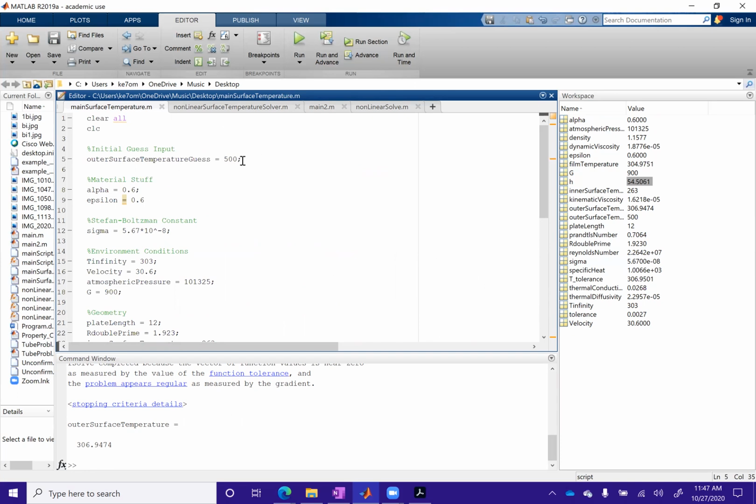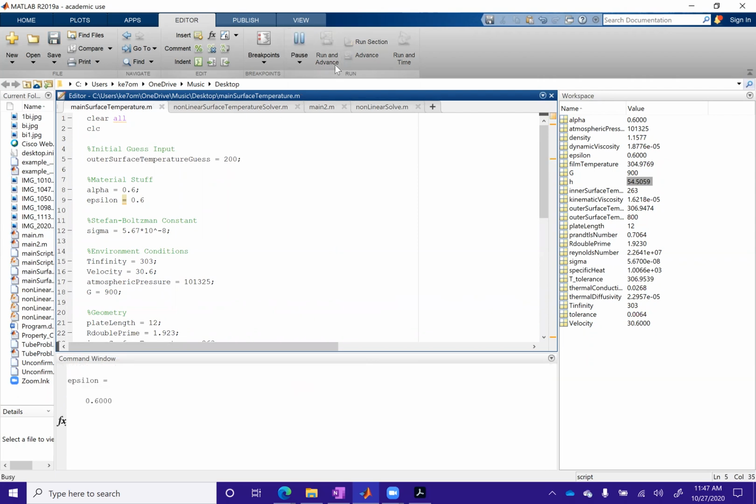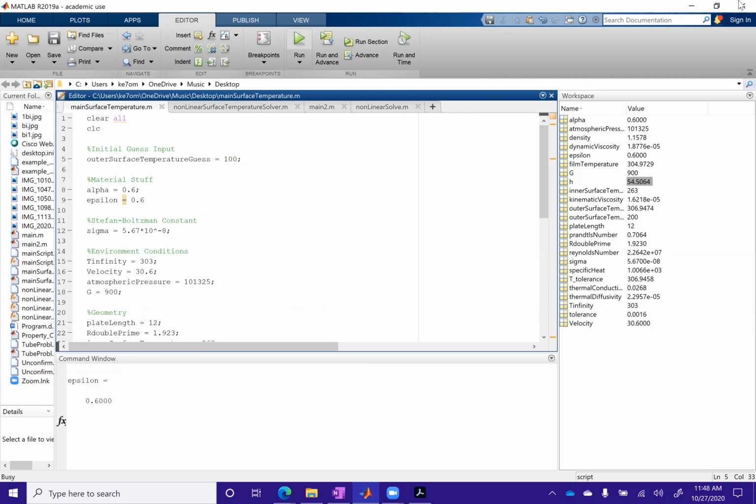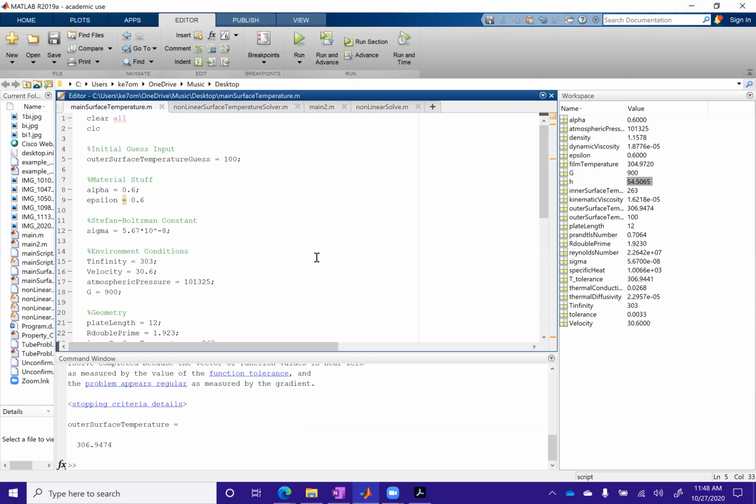Okay, what if we do 800? 306.9474. 200. 306.9474. 100. 306.9474. So you can see that if you do a code, your guess really doesn't matter.